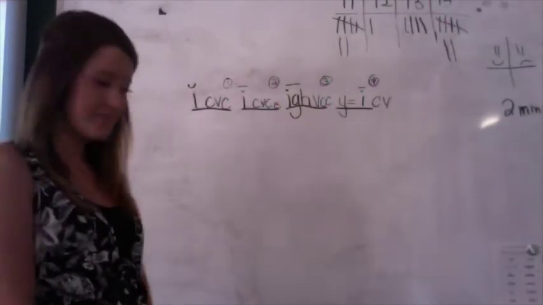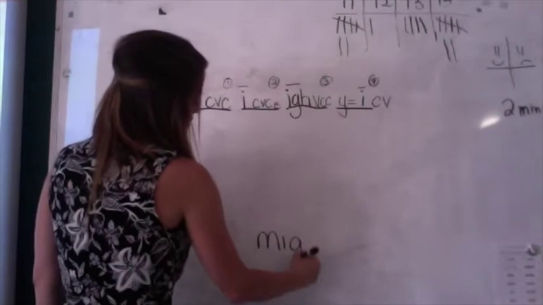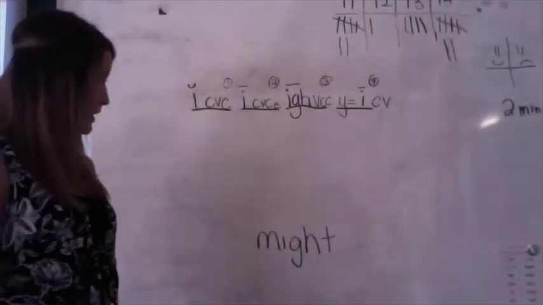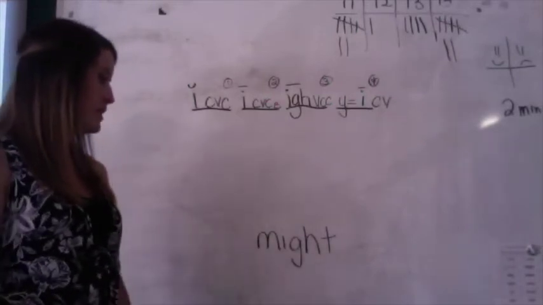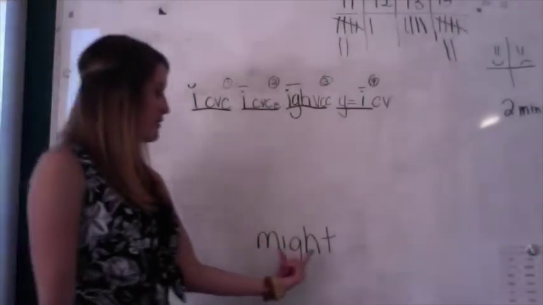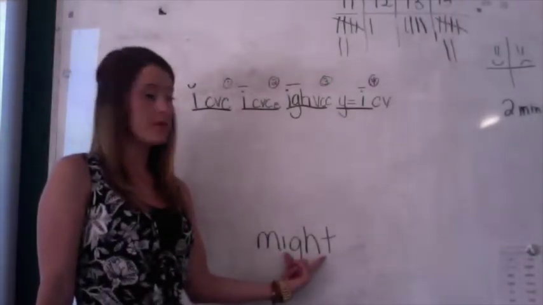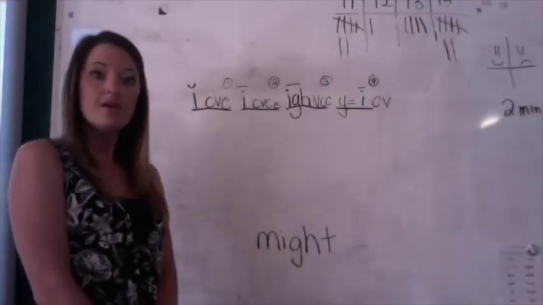Let's get started. Our first word for this week is the word might. It might rain today. Let's say our sounds together. M, I, t, might. We have these 3 letters in the middle of our word saying I. What pattern does that match? Right.